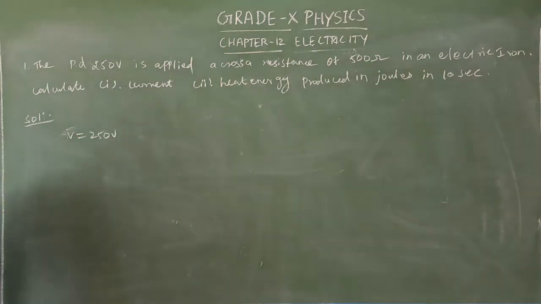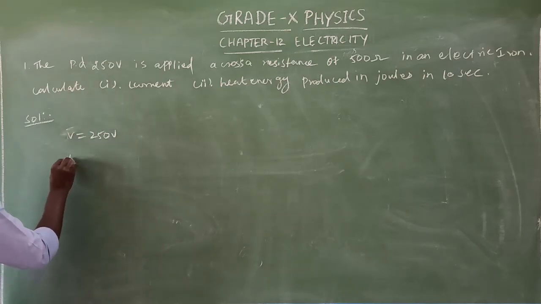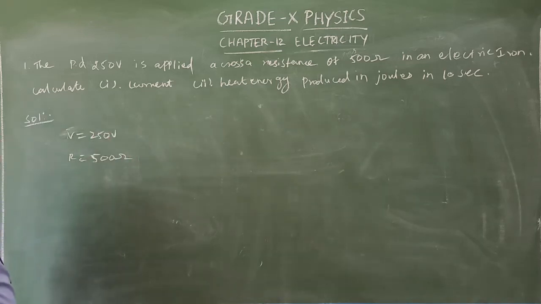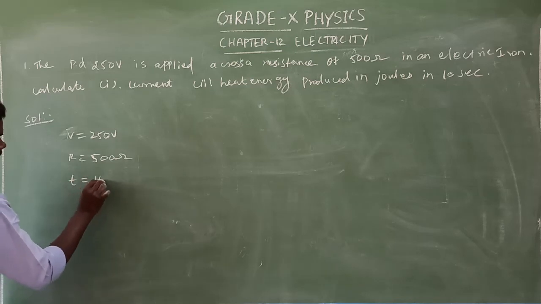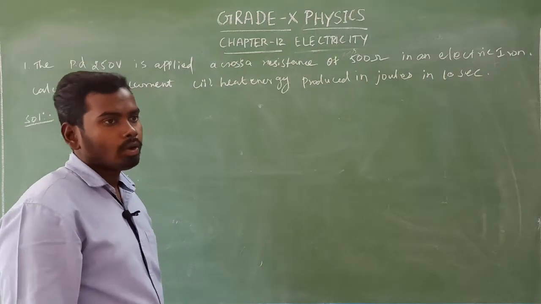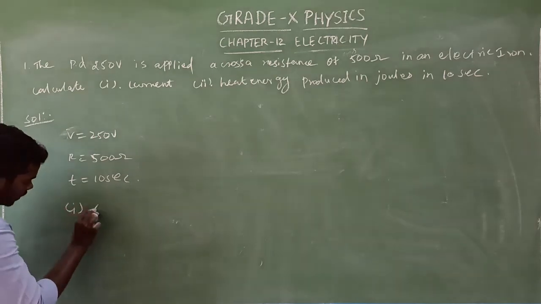First of all, write what values are given. V value 250, R value 500 ohm, and the time value is equal to 10 seconds. First we need to calculate the current, isn't it?